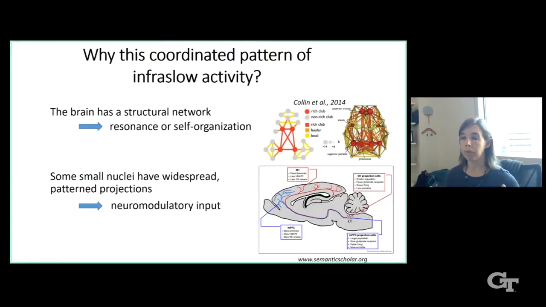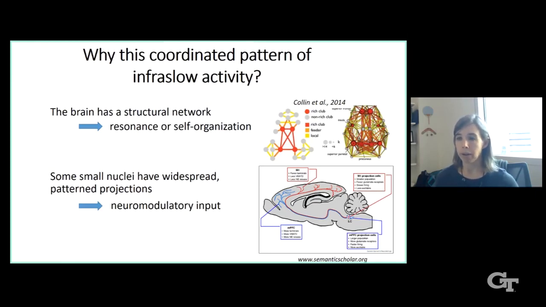So we've convinced ourselves that we're looking at propagation of infraslow electrical activity, but nobody understands infraslow electrical activity very well either, and we don't really know why it would show these sort of coordinated levels of activity and coordinated propagation across areas.